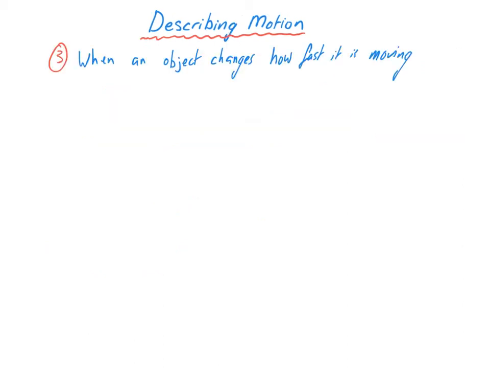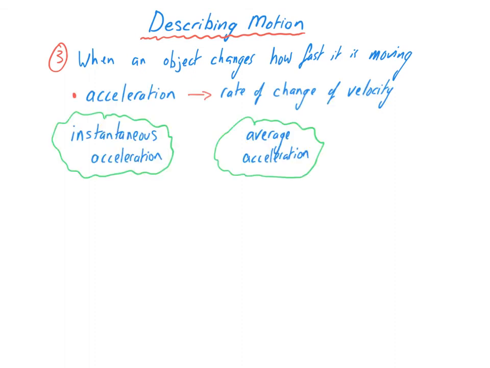When an object changes how fast it is moving, we call this acceleration. This year, we won't really look at too many examples where the instantaneous acceleration of an object might be different to the average acceleration. You can imagine in a car when you accelerate rapidly, initially you might undergo a very large acceleration, but then as you're changing gears, perhaps that acceleration might drop off.